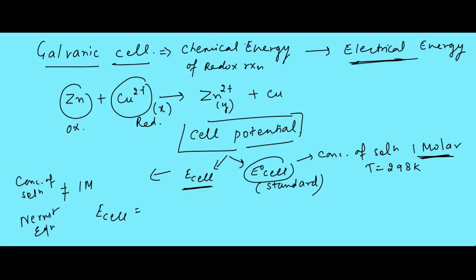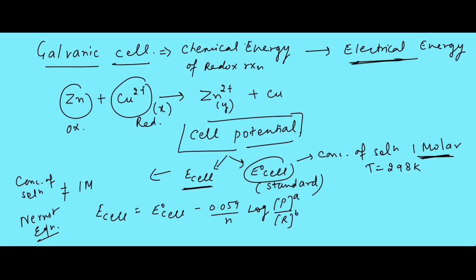So this is the Nernst equation. It is written as E cell is equal to E naught cell minus 0.059 upon n log product concentration upon reactant concentration. And in the concentration terms, you have the powers a and b.